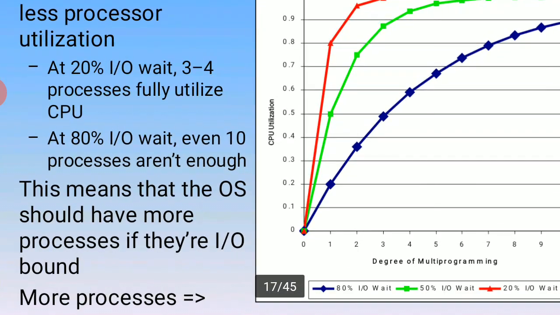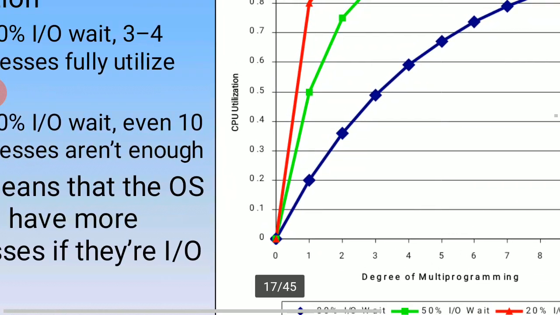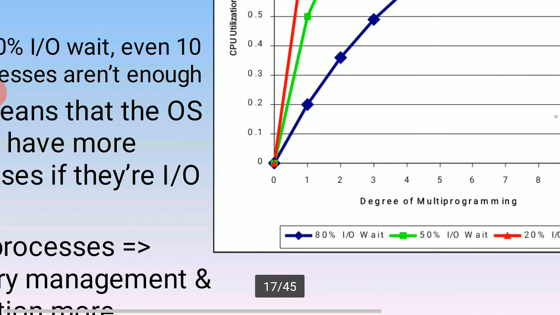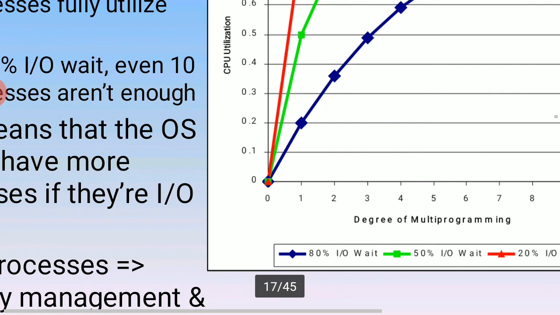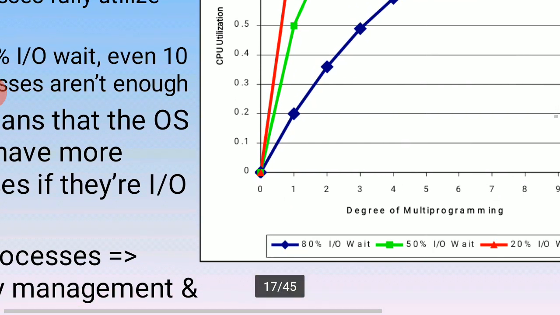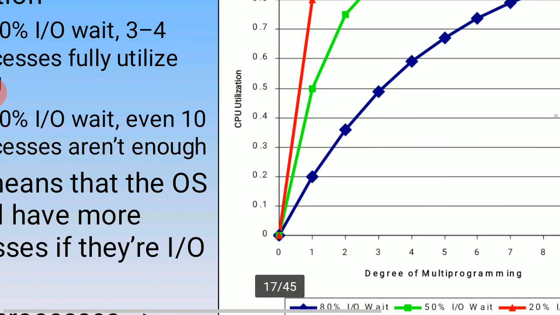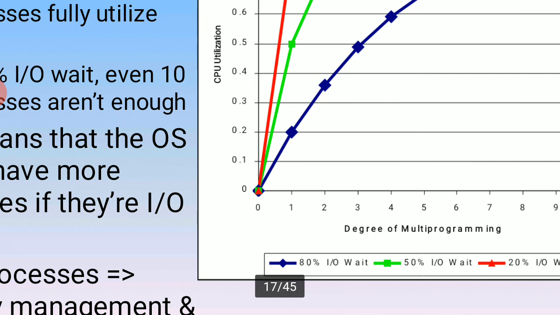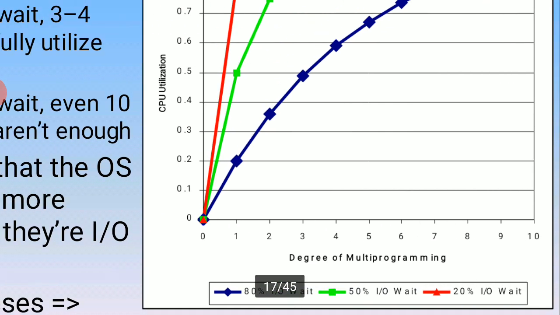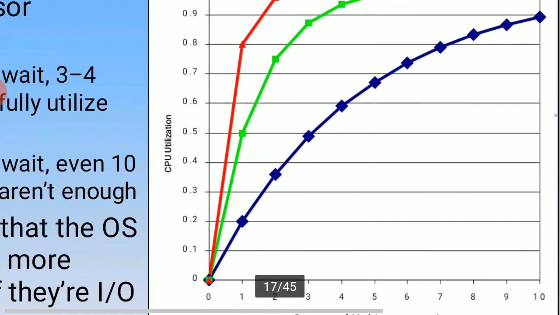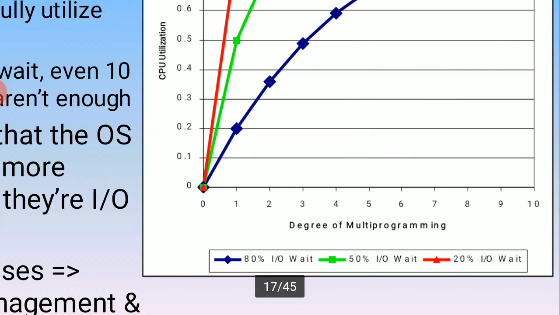Here see the one diagram, the degree of multi-programming. The colored lines are there. The blue line is 80% input output wait, starting here at 10 processes.